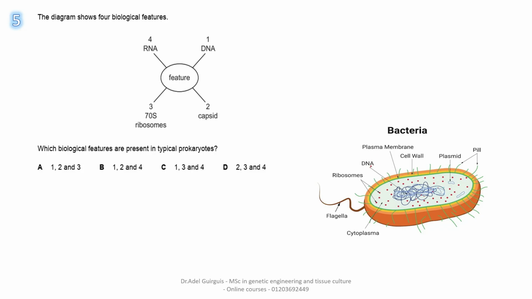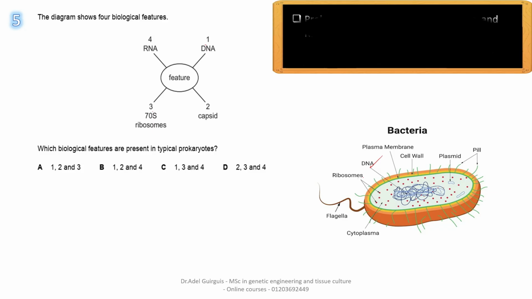So DNA is present. Also what? Also RNA. So 1 and 4 are present for bacteria as prokaryotes. What else? Ribosomes of the type 70S ribosomes. So 1, 3 and 4 are present. What about capsid? Capsid is not present as a structure in bacteria.